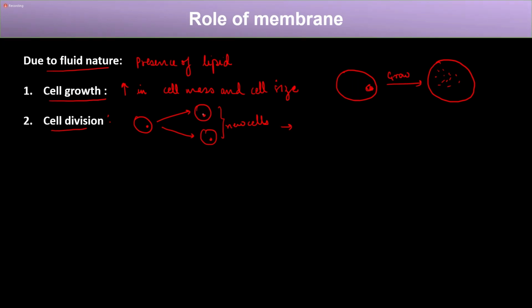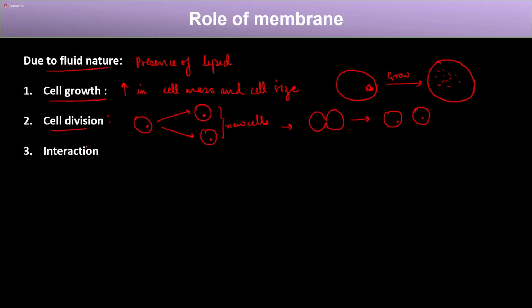Apart from the organelles and the nucleus that divide, the plasma membrane also divides, something like this, and then the two detach from each other and become two new cells. In this way, it helps in cell division.